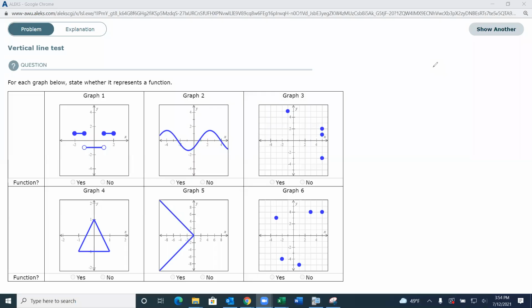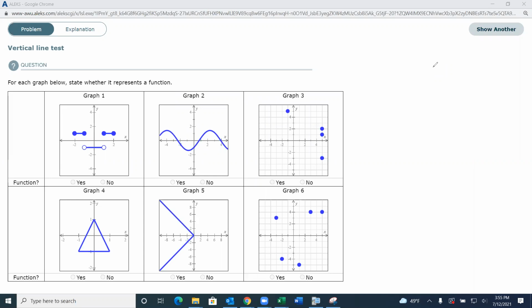Okay, so now we're still determining if something is a function, but for this one, they give us the graph of the relation and say, hey, is it a function? Yes or no? Well, you can do what we did in the last topic just a second ago, or you can use the visual equivalent of that last topic, in what's called the vertical line test. So here's how it works.